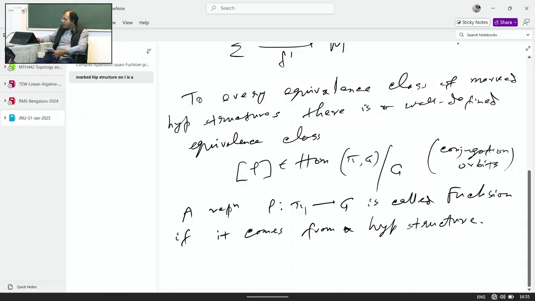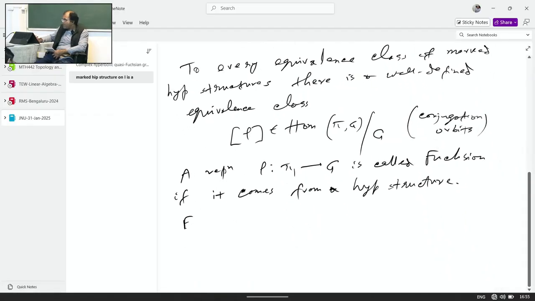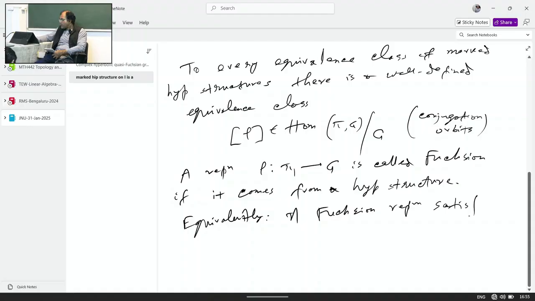Equivalently, a Fuchsian representation satisfies three conditions.